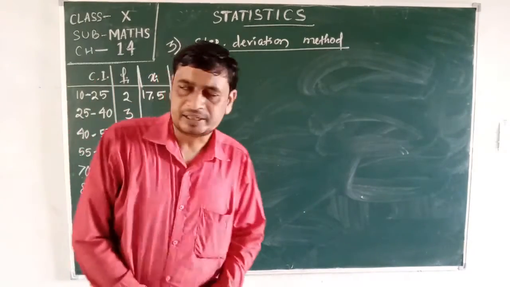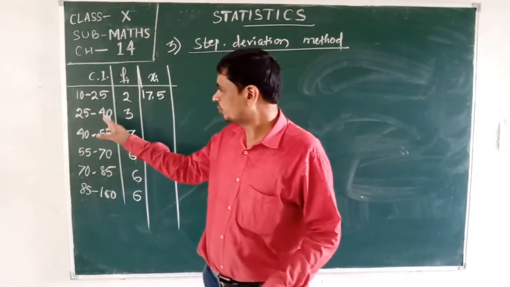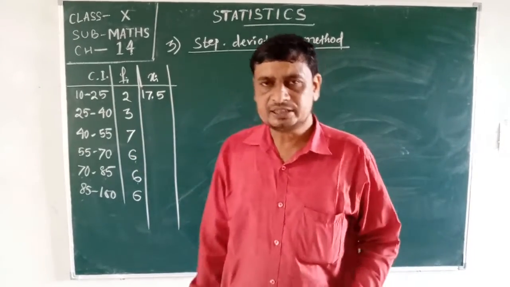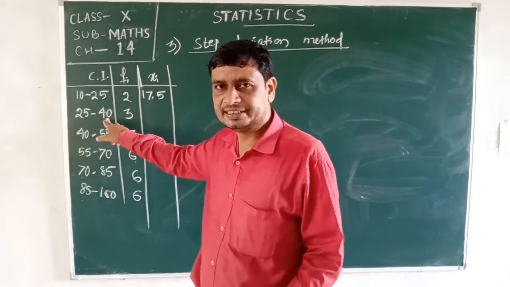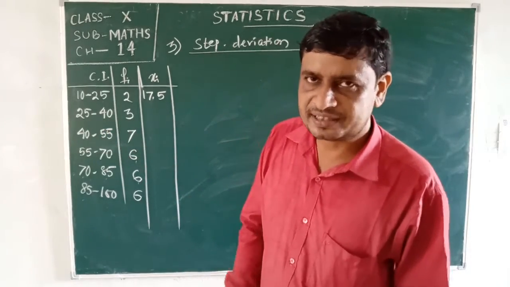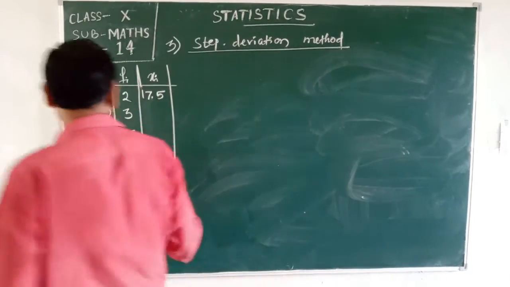Next, for the class 25 to 40, the class mark will be 25 plus 40, that is 65, by 2 is 32.5.